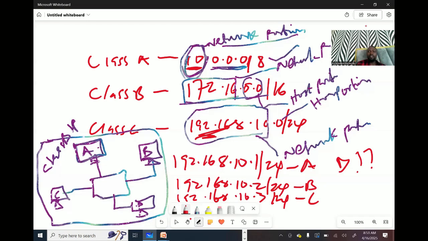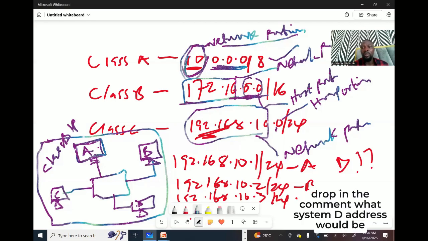So basically the differences between class A, class B, and class C is just the amount of hosts that each of them can occupy. Class A can occupy more hosts. As you can see, 3 octets is dedicated for hosts, while class B can only accommodate a number of hosts lesser than that of A. It uses only 2 octets for hosts, while C only uses just 1 octet for hosts and 3 octets for network.